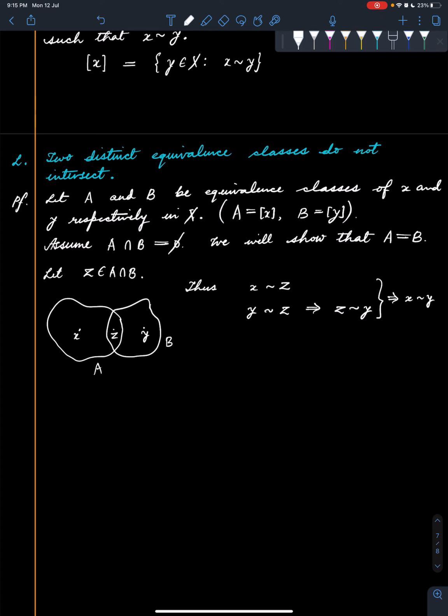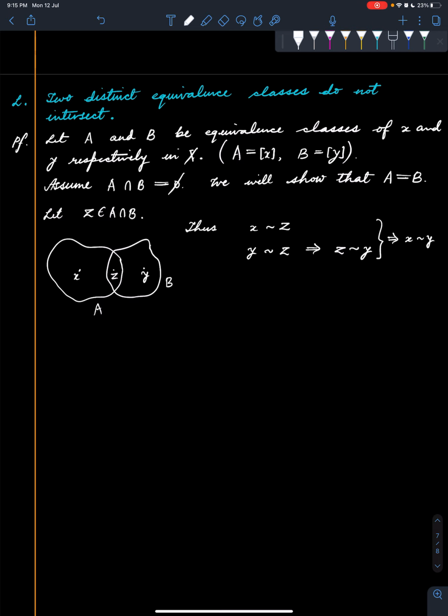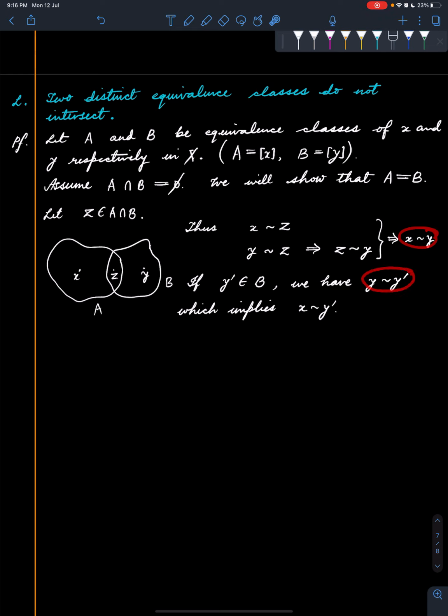So therefore, if Y prime is in the equivalence class of Y, we have Y tilde Y prime, which implies, again by transitivity, X tilde Y prime. So because we have this and we have that, apply transitivity, you will have X tilde Y prime.